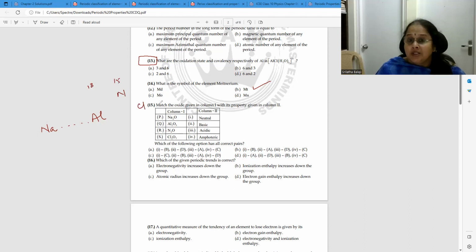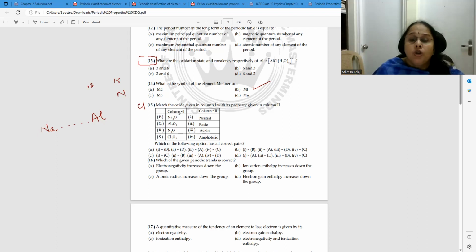Please relate the positions. Always keep it in mind, because immediately when you see the elements, this should flash in front of you. That should be your level of preparation: which period, which element, which group, everything should flash. 1 to 30 will work on this principle.